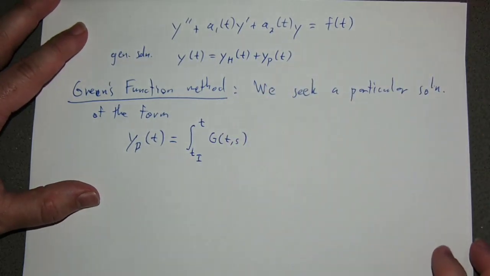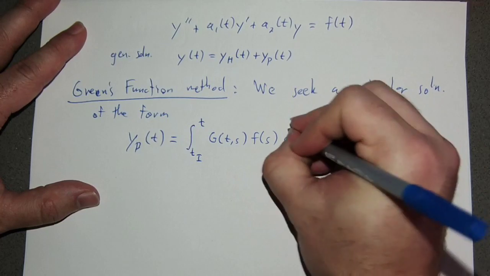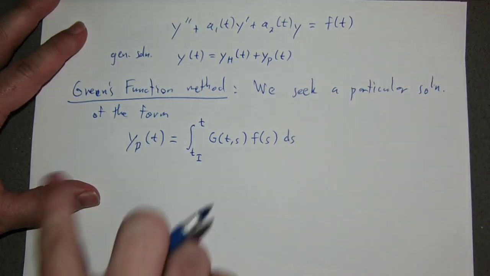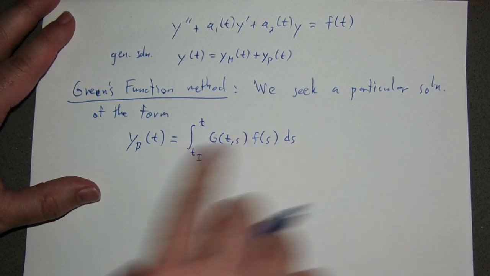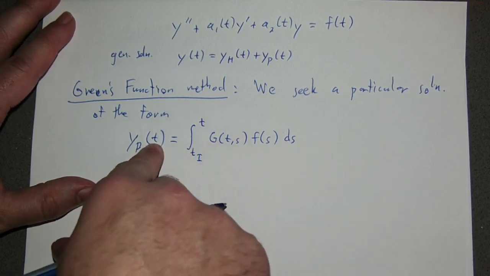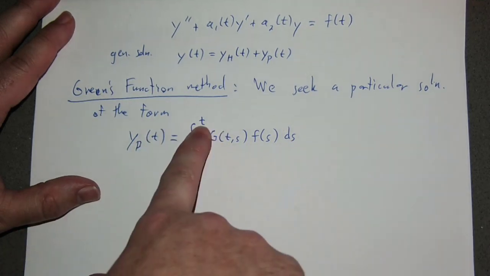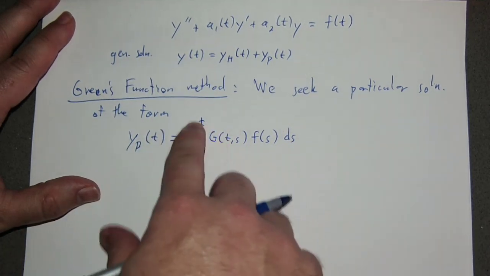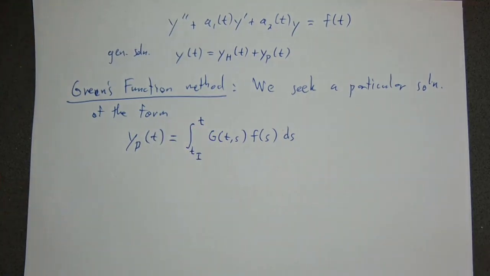So G depends on parameters t and s. s is a dummy variable that we're integrating with respect to here. So when you're plugging in t values, it's getting plugged into the expression in G and the upper limit of integration. Okay, so that's how this works.